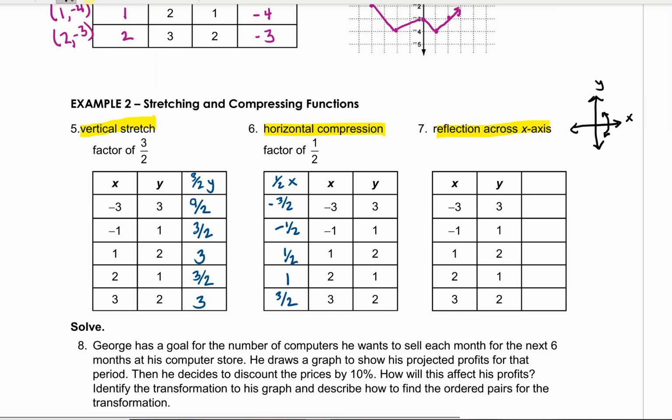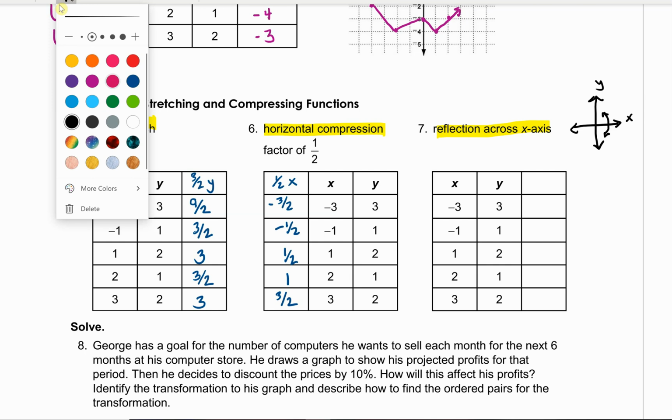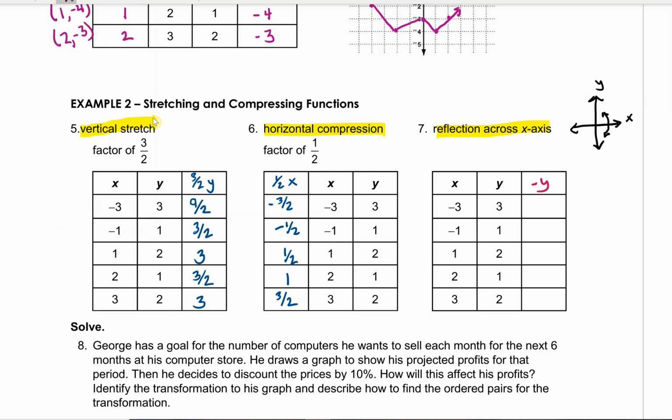So that means that the y values are going to change sign. So we'll have -3, -1, -2, -1, -2. Again, not that difficult.